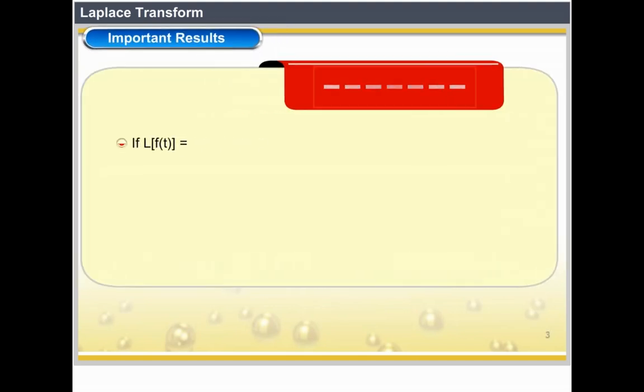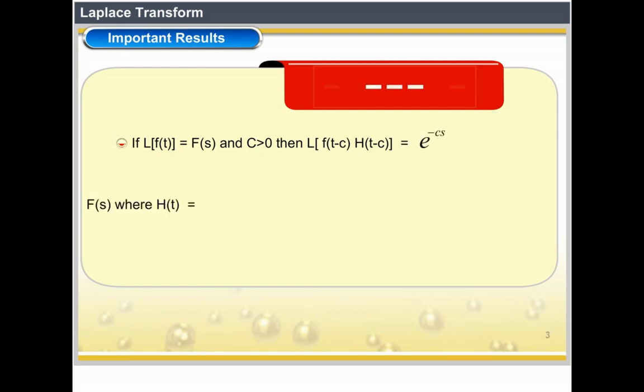If L of f of t equal to capital F of s and c greater than 0, then L of f of t minus c into h of t minus c, that means capital H of t minus c, equal to e power minus cs into capital F of s, where capital H of t equal to 1 for t greater than 0, 0 for t less than 0.